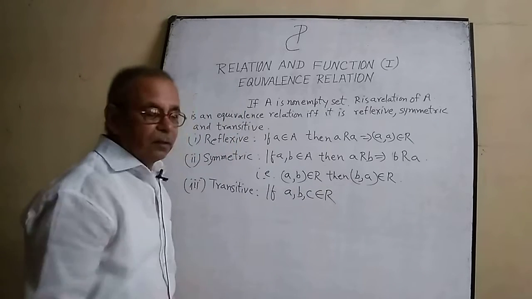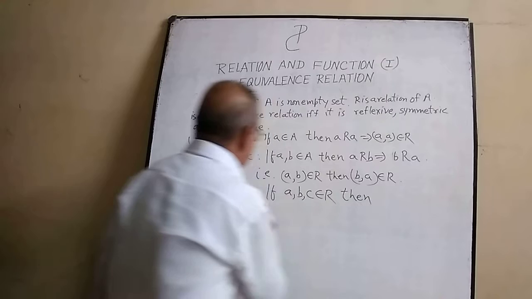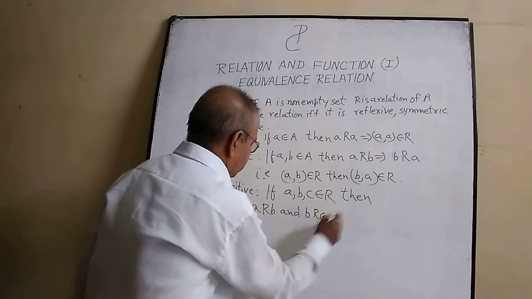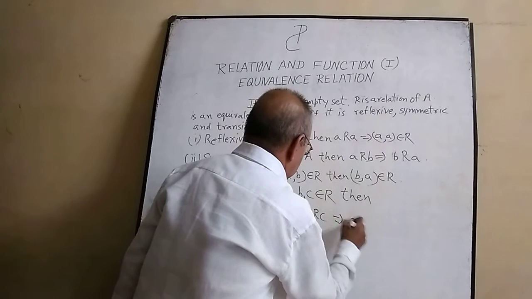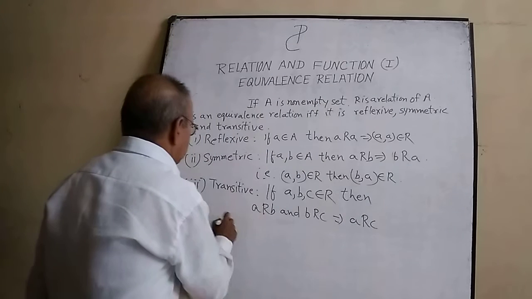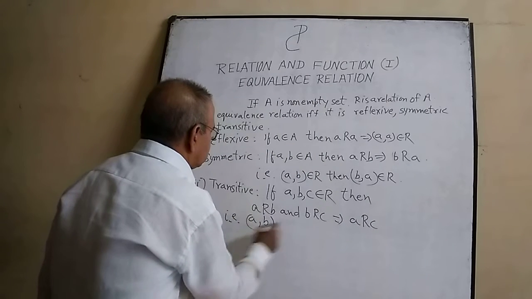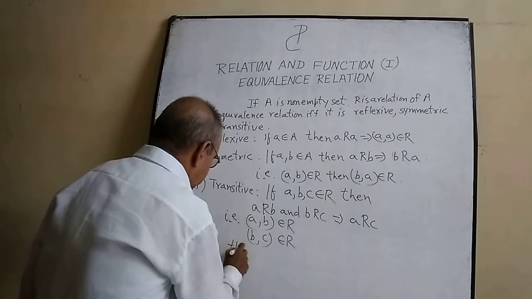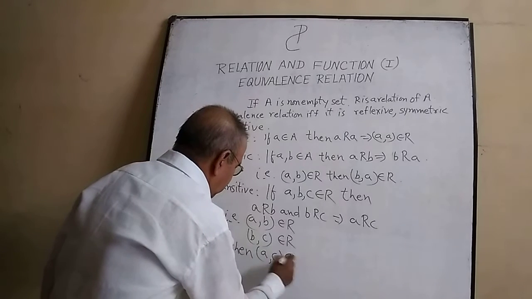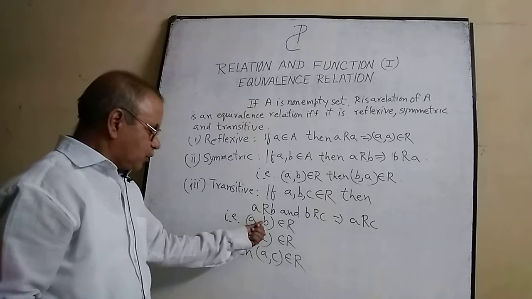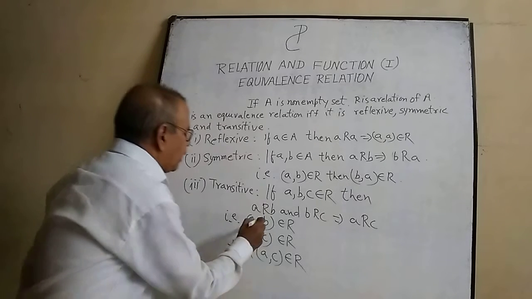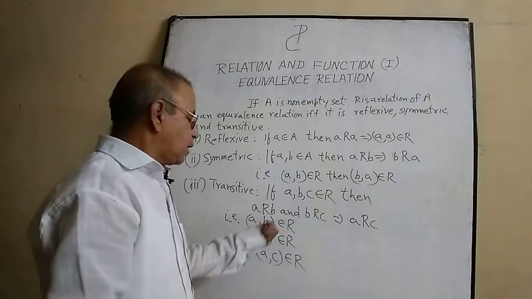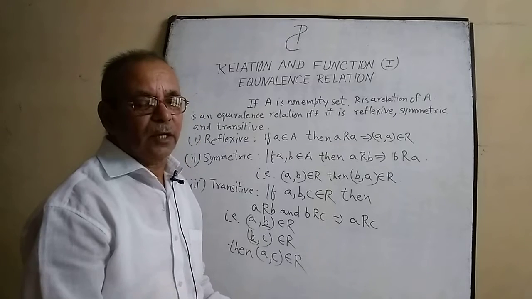Then aRb and bRc implies aRc. That means if (a, b) belongs to R and (b, c) belongs to R, then (a, c) belongs to R. Here remember the last element of the first ordered pair and the first element of the second ordered pair is always the same, and this is the condition of transitivity.